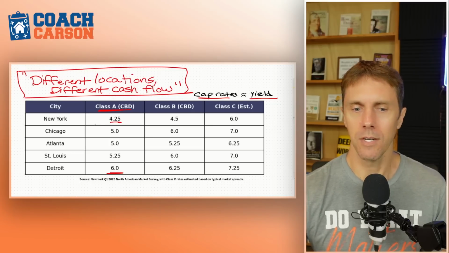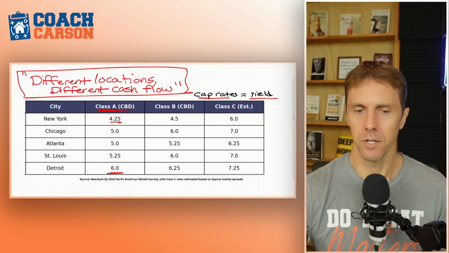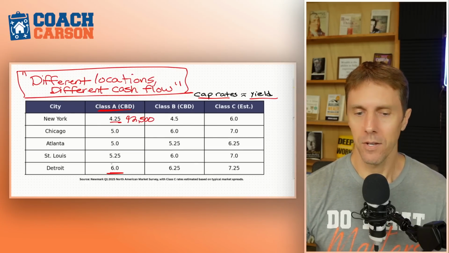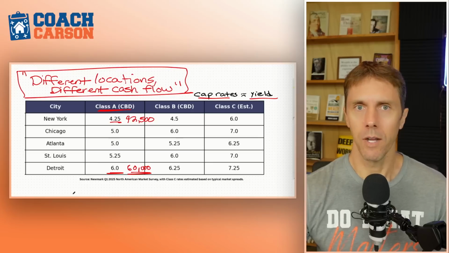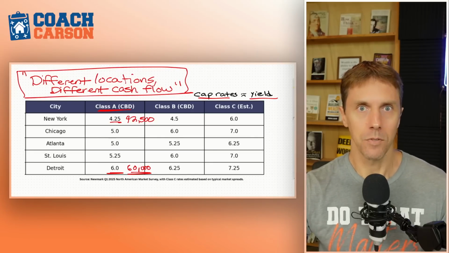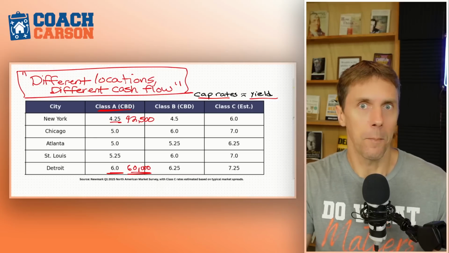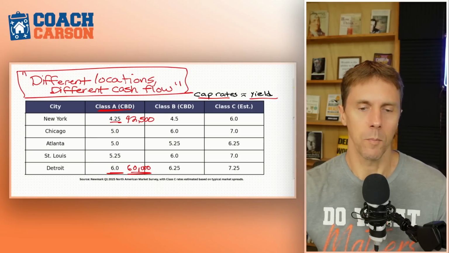If you spent $1 million in a Class A location in New York, they would want $42,500 in cash flow. If they spent the same $1 million in a Class A location in Detroit, they would expect $60,000 in cash flow. So just moving from one region to another, you have different amounts of cash flow on average. So if you're out there buying and competing with other investors, this is what you're competing with.